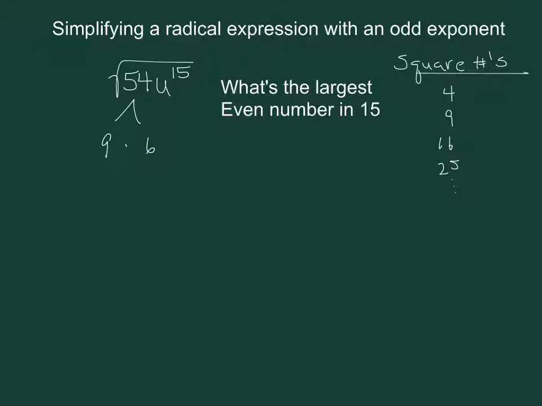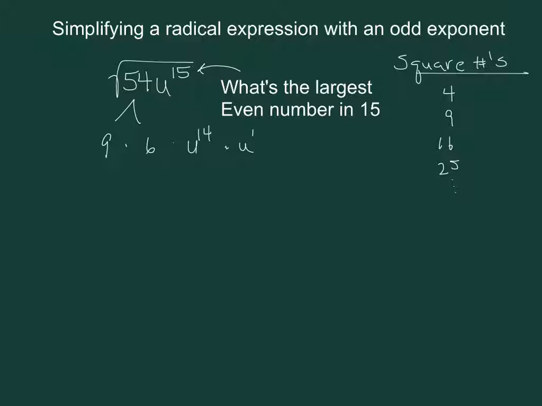That's the question: what's the largest even number in 15? And we know that is 14. It doesn't matter what this number is right here; you're always just going to reduce it by 1 and pull that 1 to the outside.